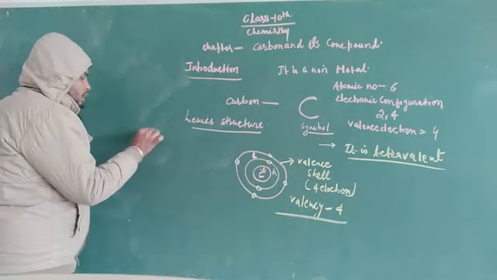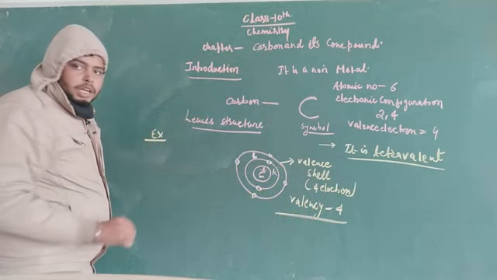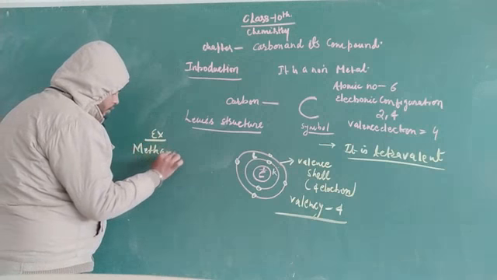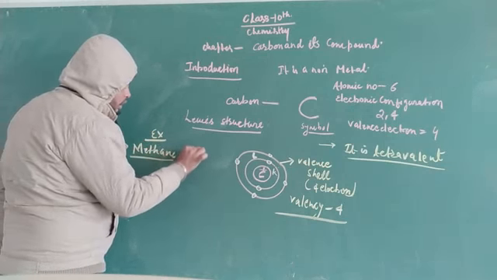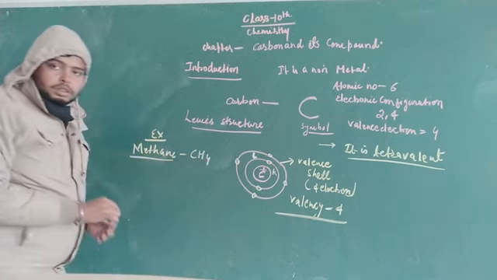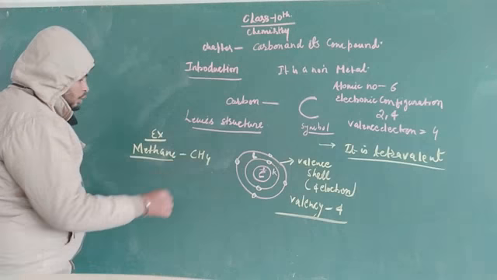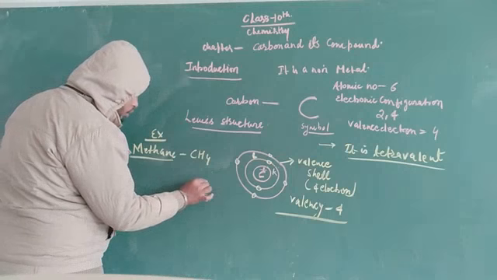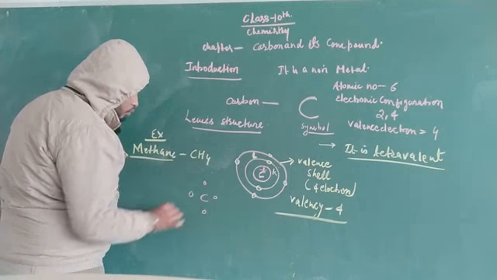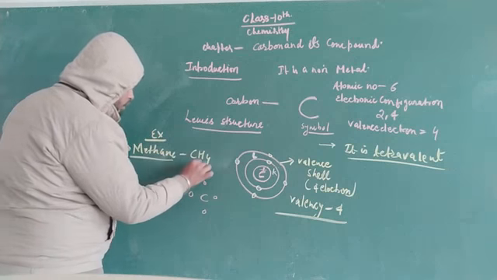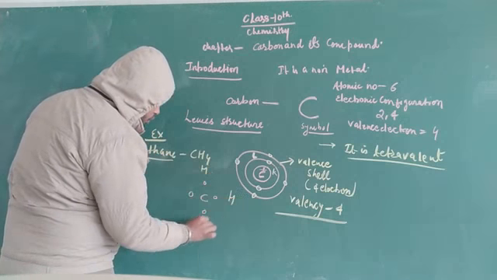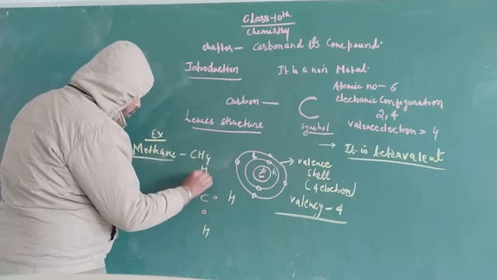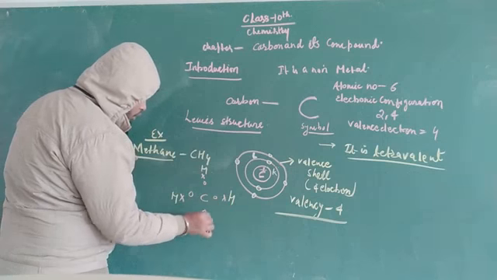I will show an example. Example is methane. Formula is CH4. For carbon you have to draw 4 electrons, 1, 2, 3 and 4, and 4 hydrogens, each having 1 electron.